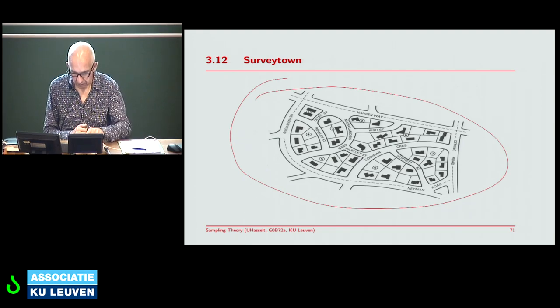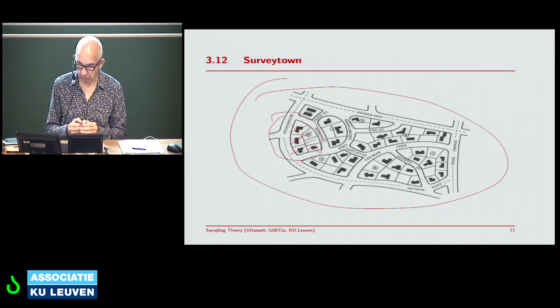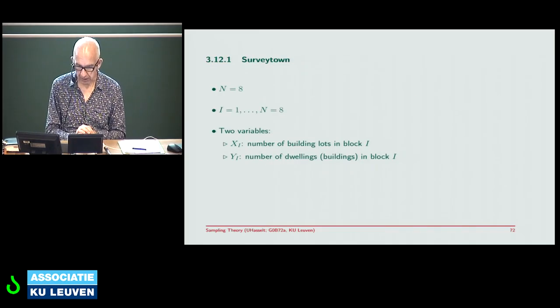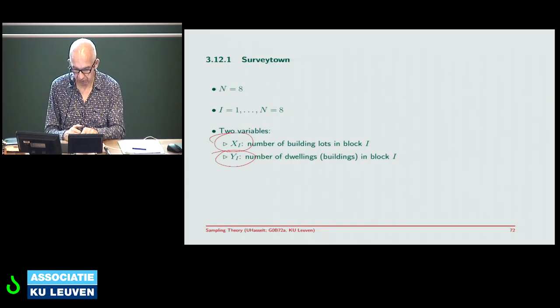Take block number 4, for example. It has 1, 2, 3, 4, 5, 6 lots on which I could build, but actually on only 4 of them is there really a building. So we have 2 survey variables, x being the number of building lots and y the number of houses on those.